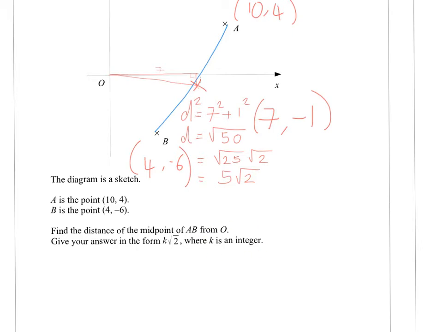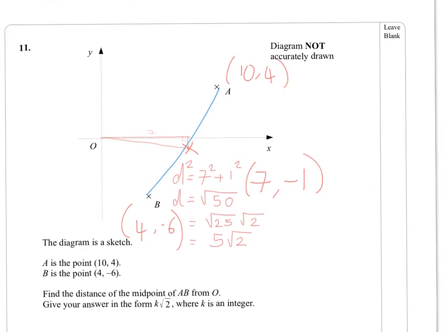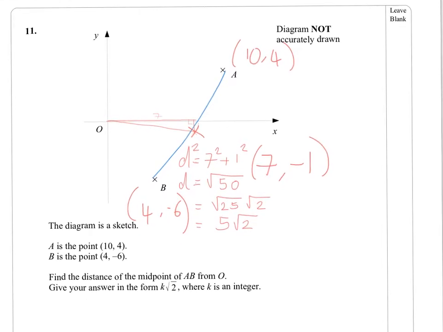Like I said, there are 5 marks available. You get 1 mark if you worked out the x part of the coordinate of the midpoint by adding together the x parts and dividing by 2. You get a mark for the y part of the coordinate by adding the 2 y parts and dividing by 2.